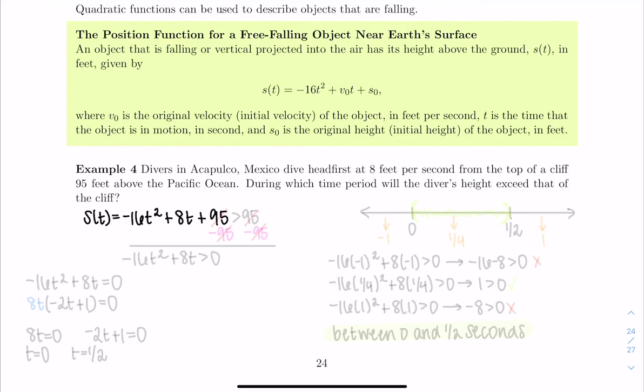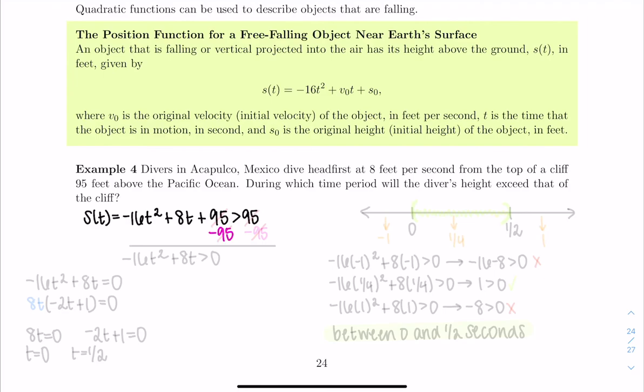We want to know during what time period will this height exceed that of the cliff. Well, the cliff is 95 feet. So we want to set this greater than 95. Let's go ahead and set this equal to 0 so we can solve it.